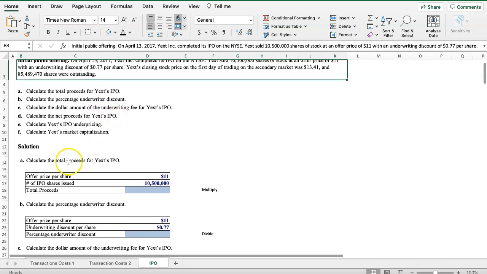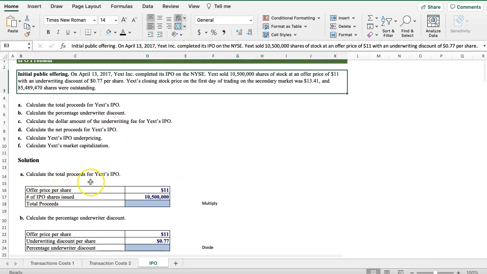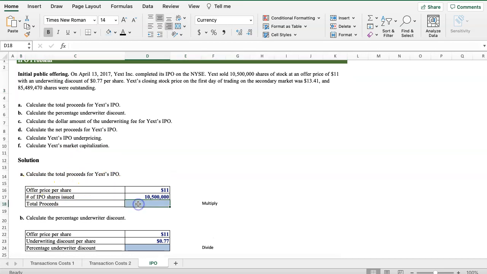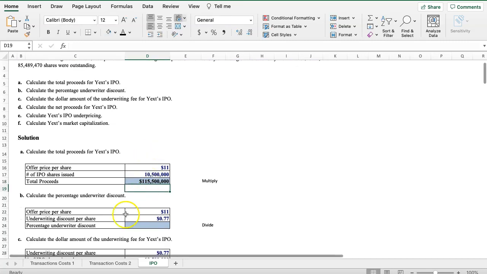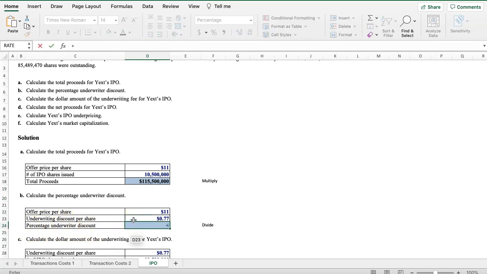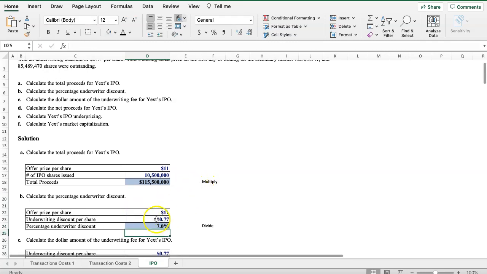Okay, so let's look at the problem here. Calculate the total proceeds. So this is just the amount of IPO shares issued times the offer price. Now the percentage underwriting discount, I would just divide the discount into the initial share price to get the percentage.